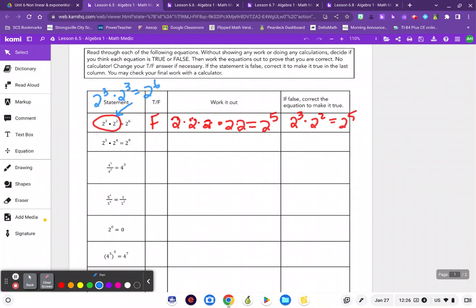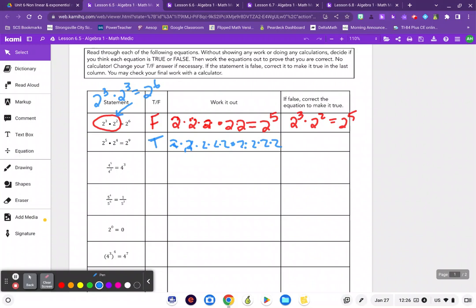So now I have 2 to the fifth times 2 to the fourth equals 2 to the ninth. And again, 2 to the fifth means that I'm multiplying 2 out 5 times, then I need to multiply by 4 more 2's, and I have a total of 1, 2, 3, 4, 5, 6, 7, 8, 9 2's, and so yes, this is true.